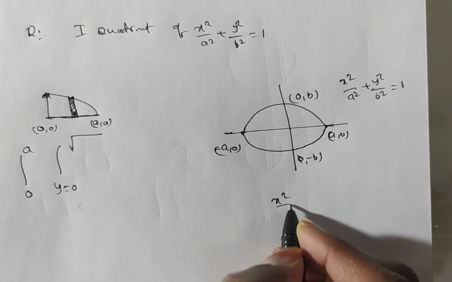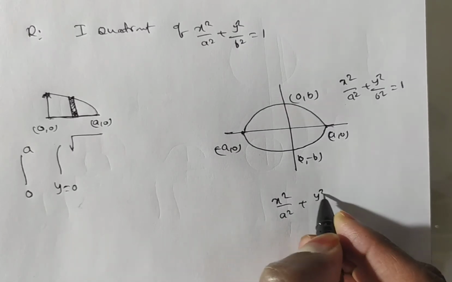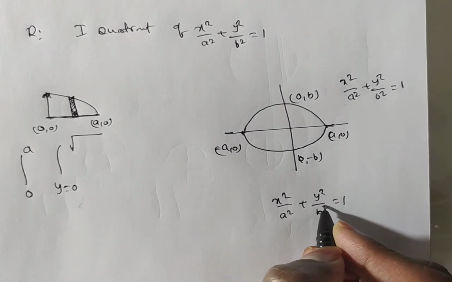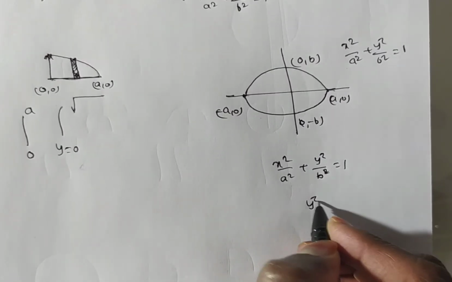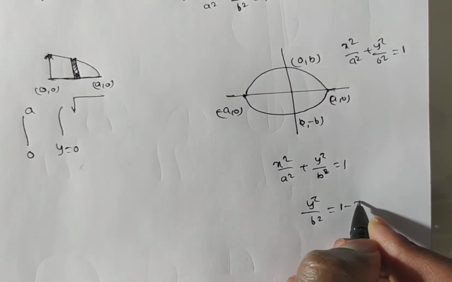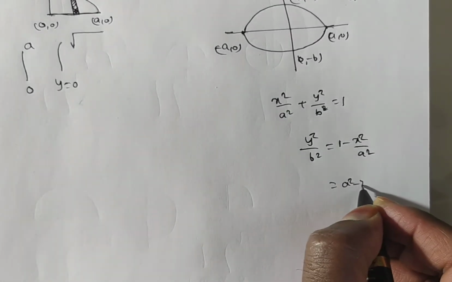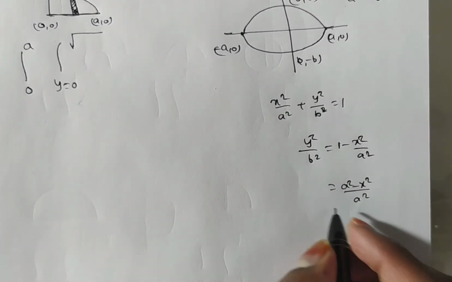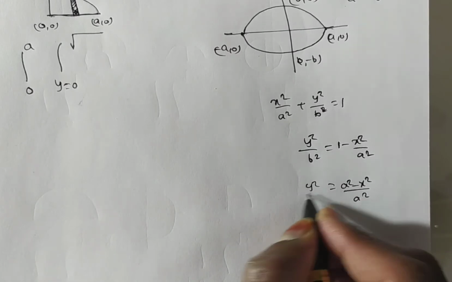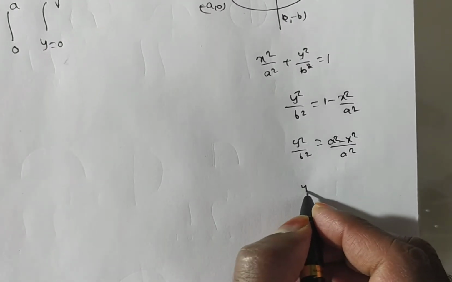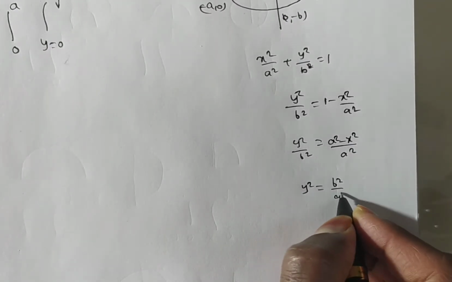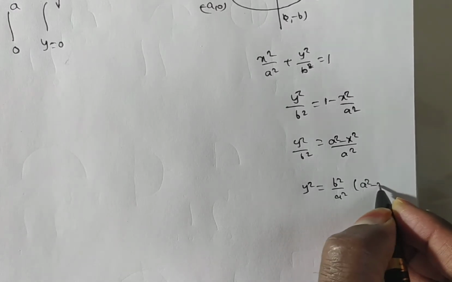So x square by a square plus y square by b square is equal to 1 implies y square by b square is equal to 1 minus x square by a square. Taking the LCM, a square minus x square by a square, then y square is equal to b square by a square into a square minus x square.